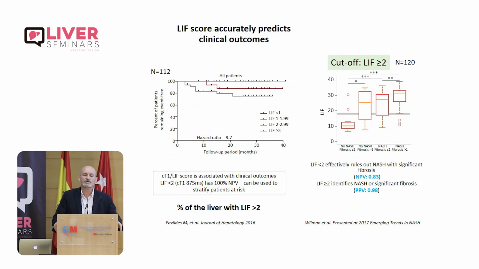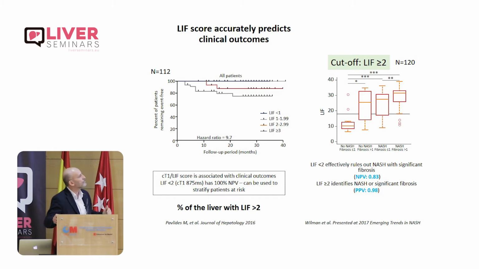The last study using liver multi-scan was trying to demonstrate how a LIF higher than 2 was associated with events, different outcomes in the follow-up of these patients.